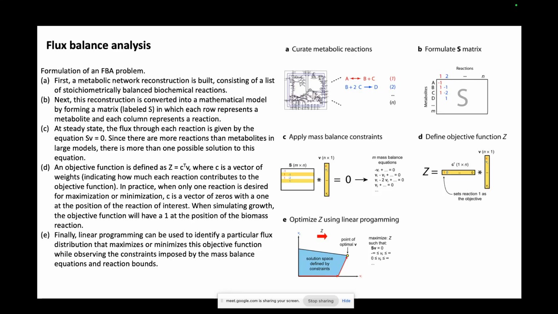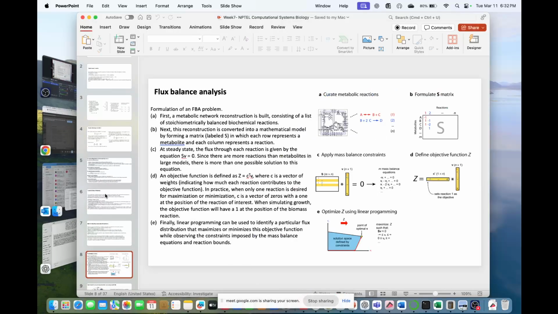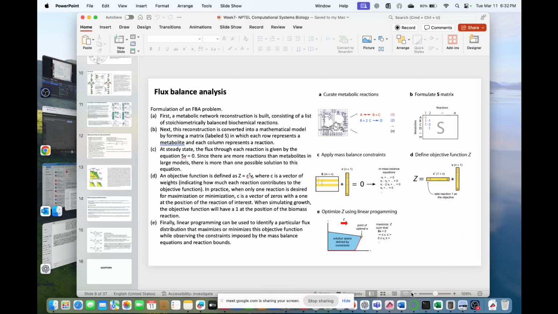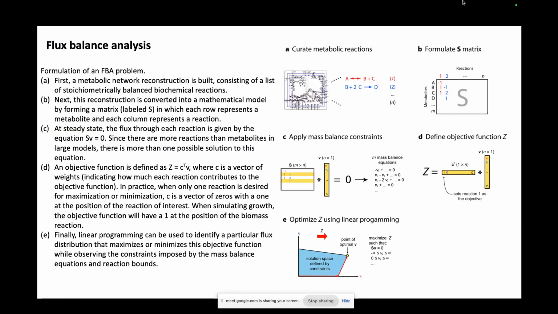Now let's talk about flux balance analysis. It's a constraint-based and a balance-based approach, where you use certain techniques to find the optimal solutions of your set of reactions or a set of equations.